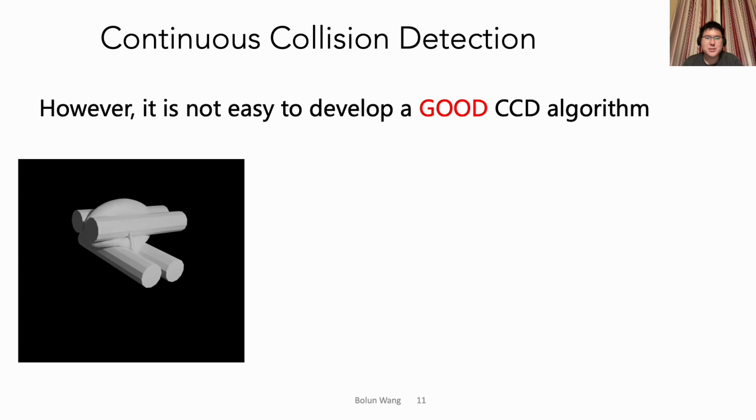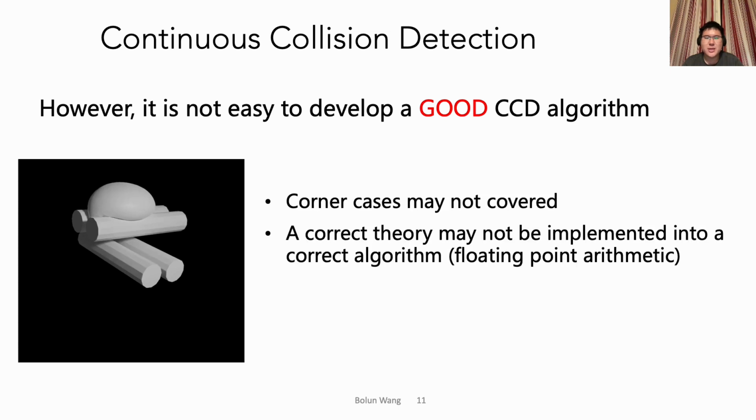However, this is not an easy task to develop a good CCD algorithm, because there might be some corner cases not covered by the algorithm. Moreover, even if the theory of the algorithm can be proved to be correct, using floating point arithmetic may introduce inaccurate results, leading to simulation failures, just like the example shown here on the left.